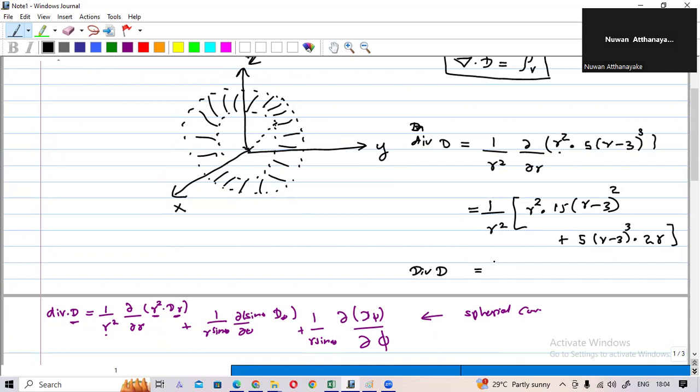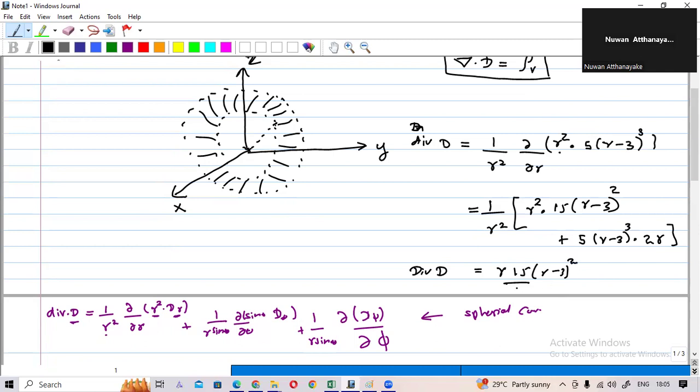So you can see that you can get 1r here and 15 r minus 3 square here.